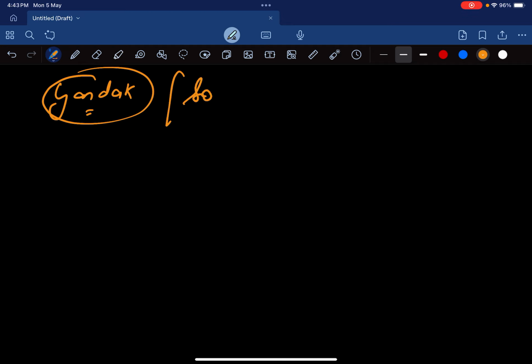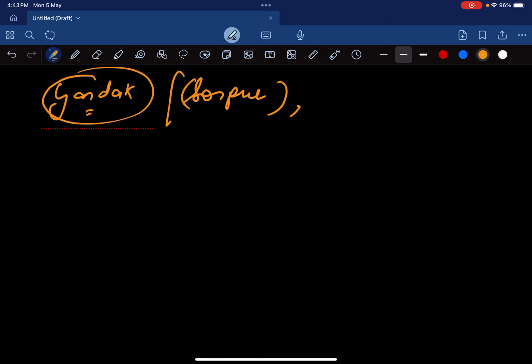The next is Gandak, right? It merges with Ganga at Sonpur, right?